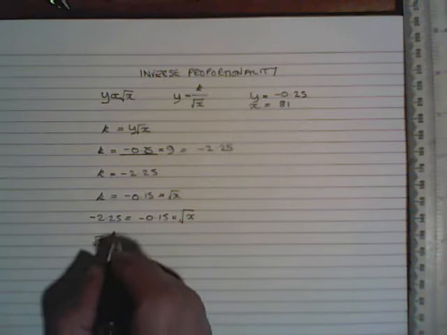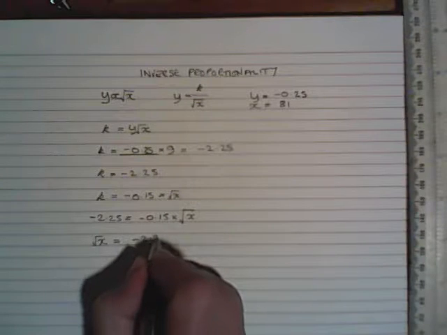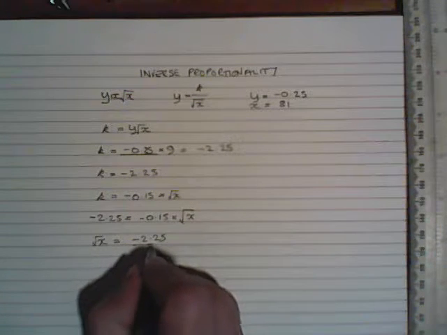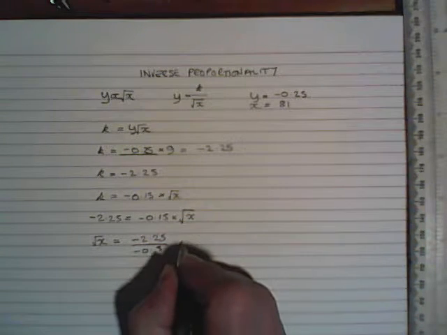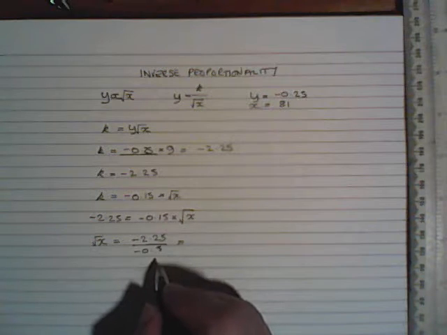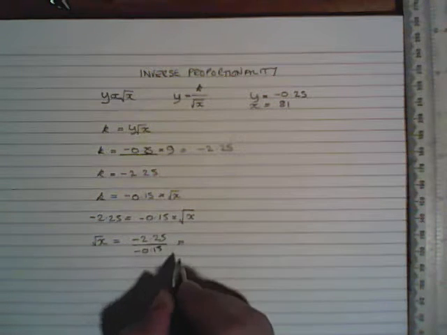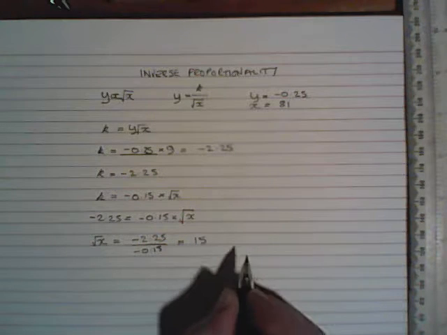It cancels out on this side, and we put it on the other side. So this becomes minus 2.25 divided by minus 0.15, and that equals, you can use a calculator for this, the answer happens to be 15.